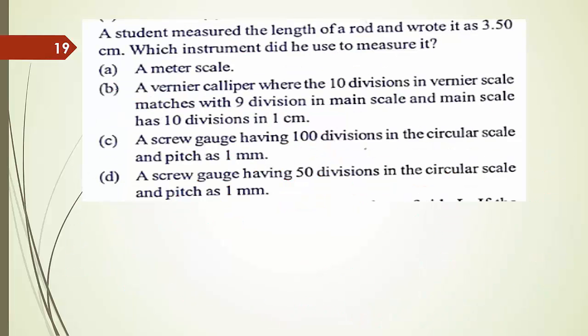Question number 19. A student measured the length of a rod and wrote it as 3.50 centimeter. Which instrument did he use to measure it? A student measured the length of the rod and the answer is 3.50 centimeter. Which instrument did he use to measure it?